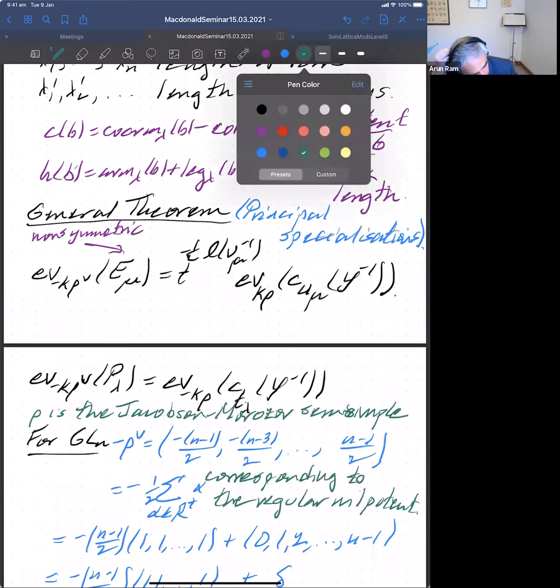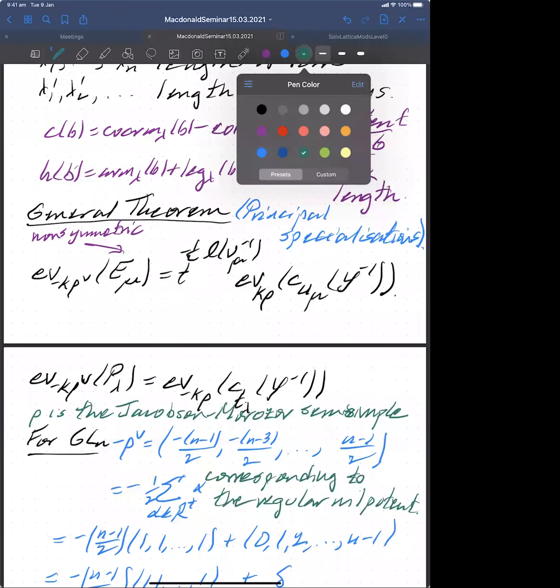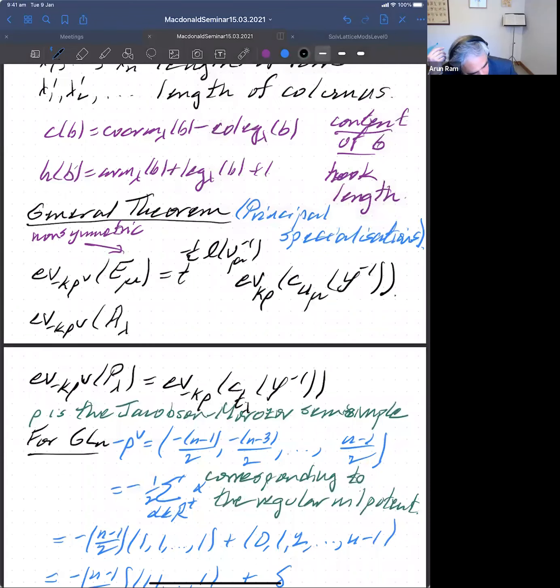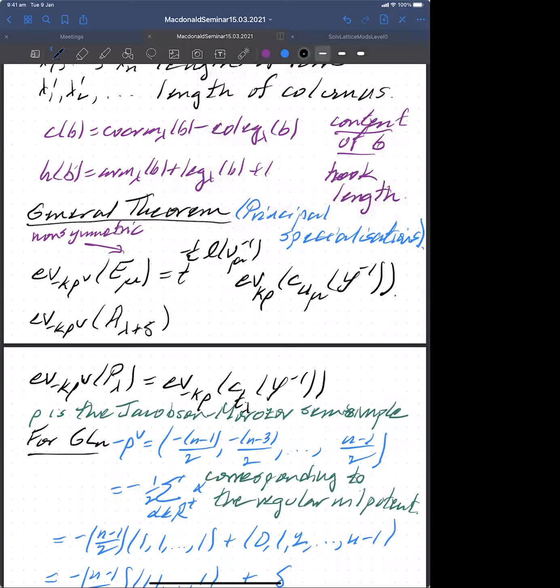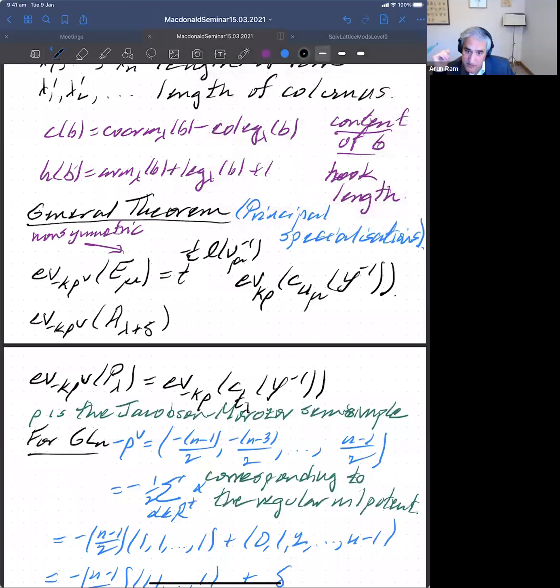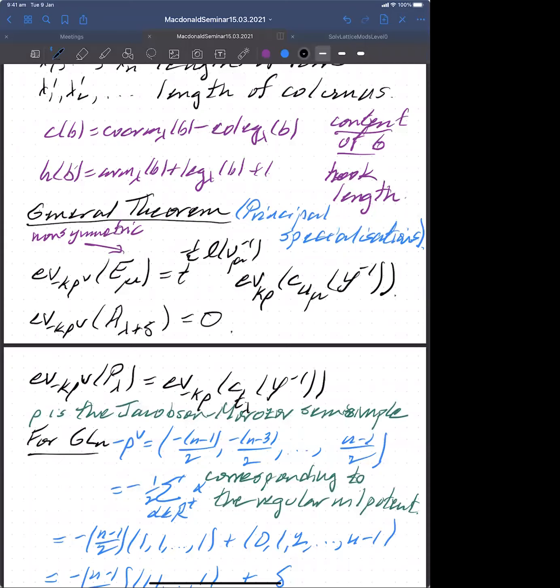So I actually have 3 such formulas. You might remember I had some fermionic Macdonald polynomials as well. And those you can also principally specialize. You specialize at the same place and you get 0. So the principal specialization of a fermionic Macdonald polynomial is 0.